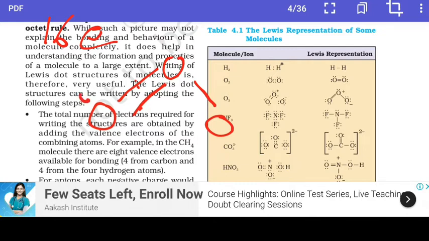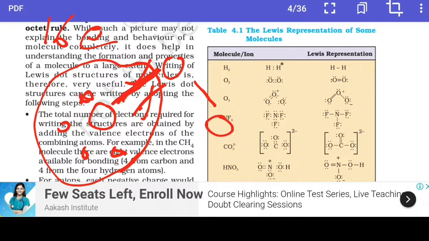So put here 1 electron, 1 electron, and so on. Now calculate the number of electrons at this oxygen. Actually, 2 electrons are counted for a single bond, so the bond electrons count for this oxygen as well as the other oxygen. So 2 electrons here, 2 electrons here, 4 electrons, then 2, 6, and 2, 8.